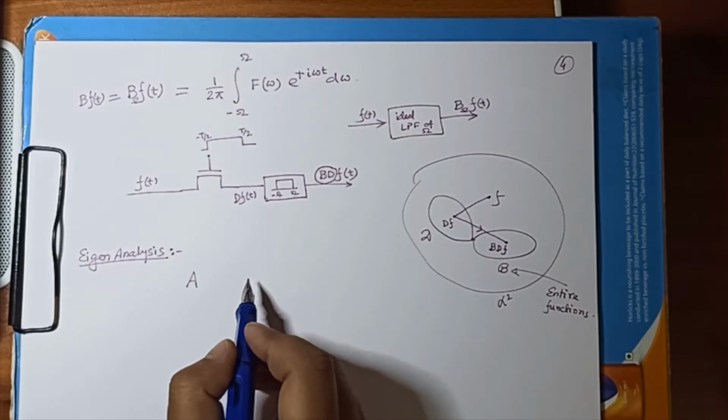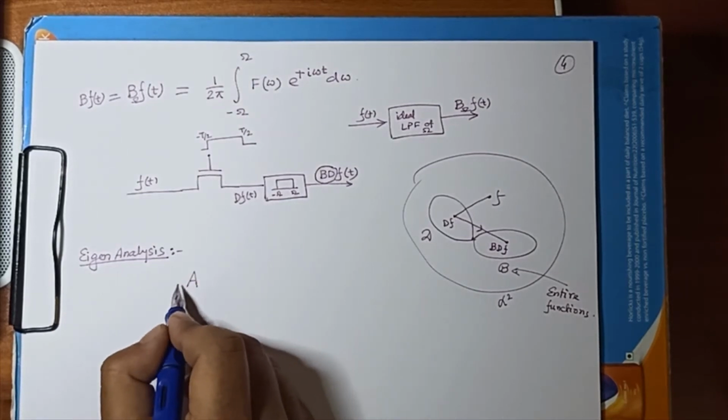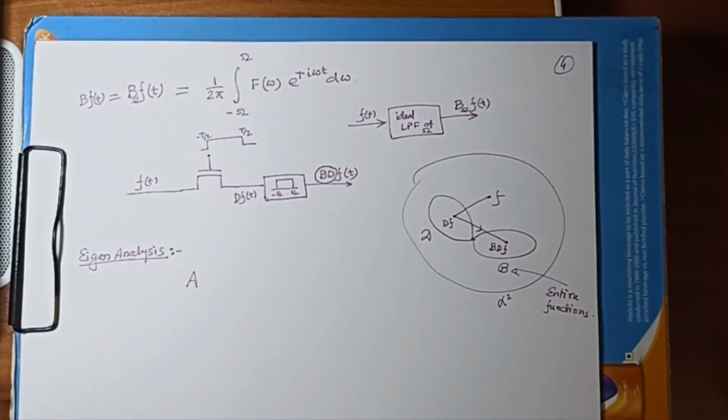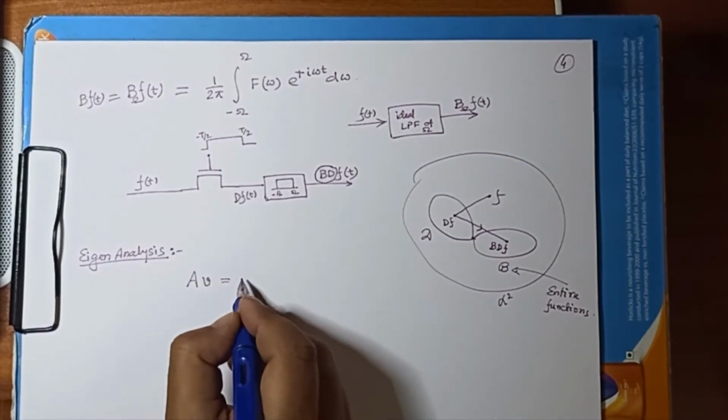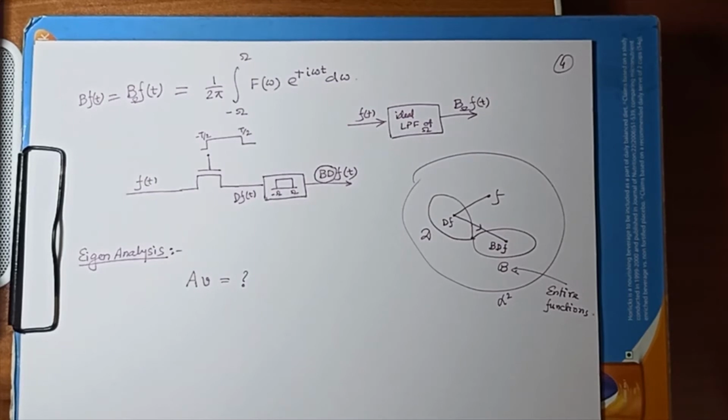Suppose you have an n-dimensional vector space, so A is an n cross n matrix. You have some vector V. You want to know where the resultant vector will be after the operation of the matrix A. Clearly we don't have a clue, and we know vectors in that n-dimensional vector space are quantities having some amplitude and some direction.